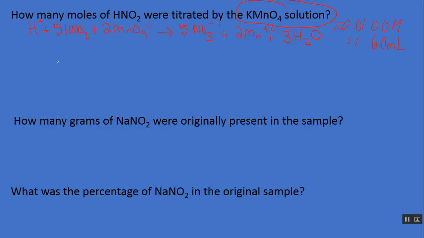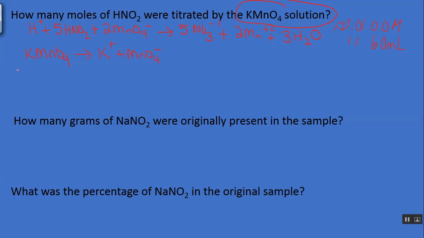milliliters of it. Now, in order to picture what we're doing, let's talk again about the potassium permanganate. Remember that when potassium permanganate is in solution, really it's just potassium and permanganate.